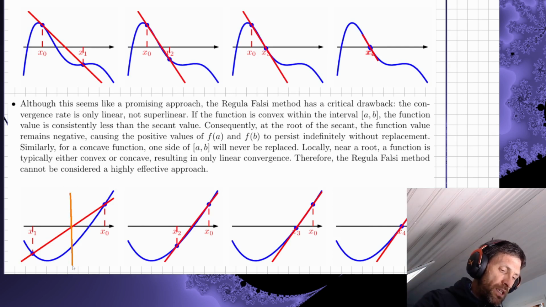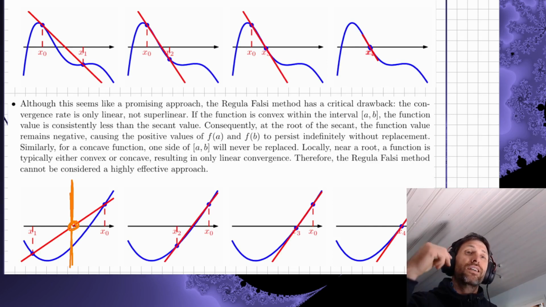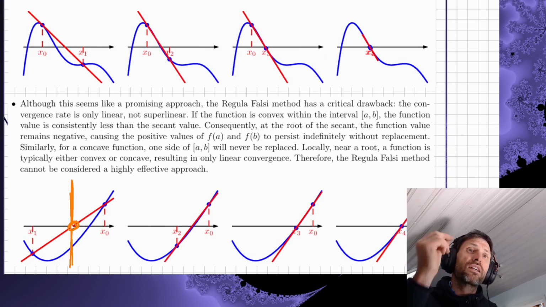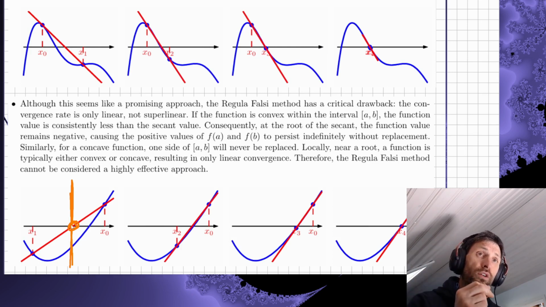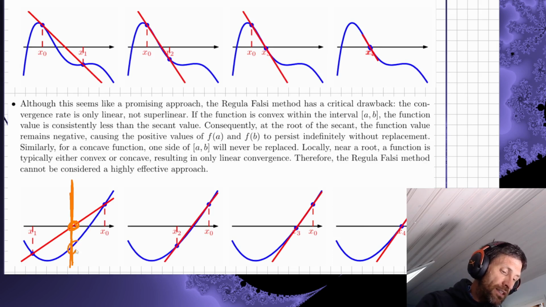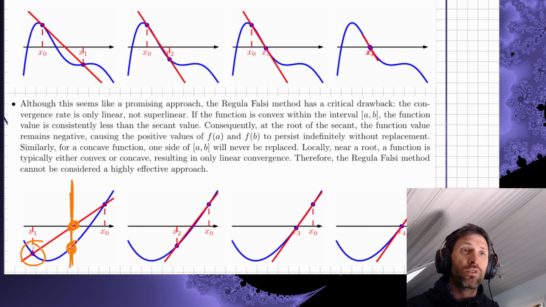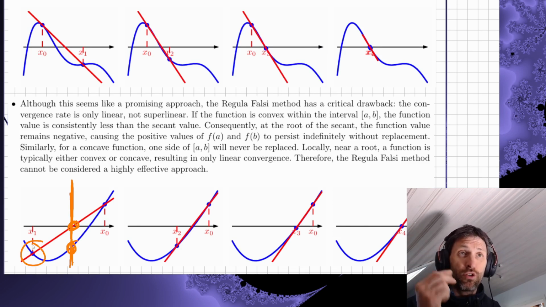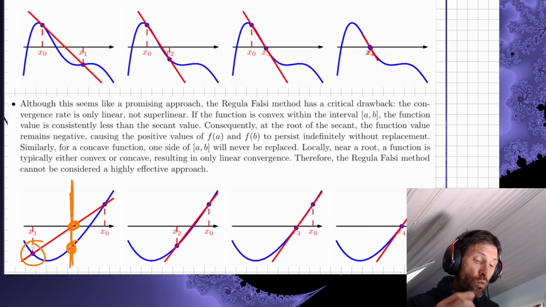So what does that mean? At the point where the root is, the secant gives a larger value than the function. That means that the function value corresponding to that x is negative. So it's clear from the beginning this one will be dropped, and this will continue to be this way.